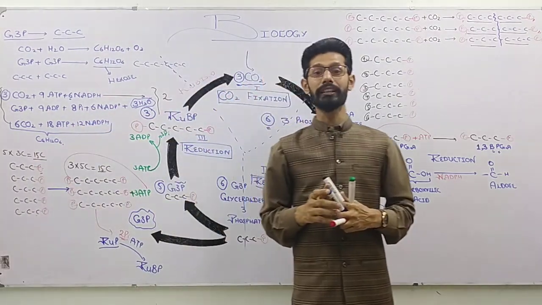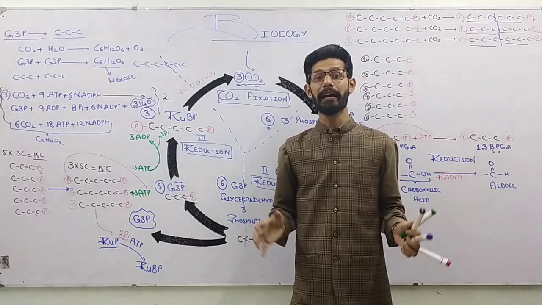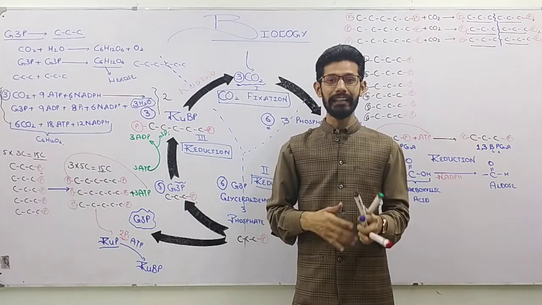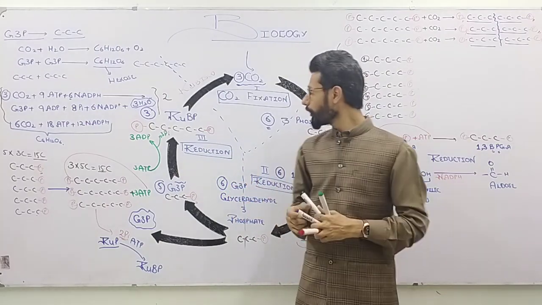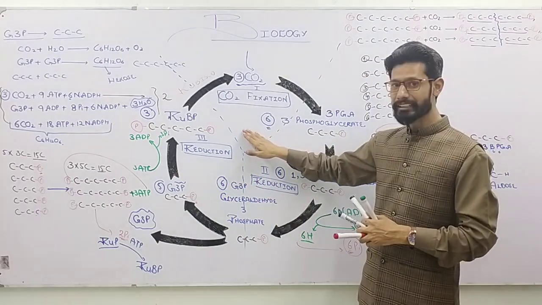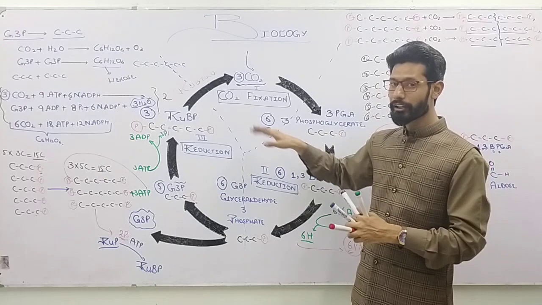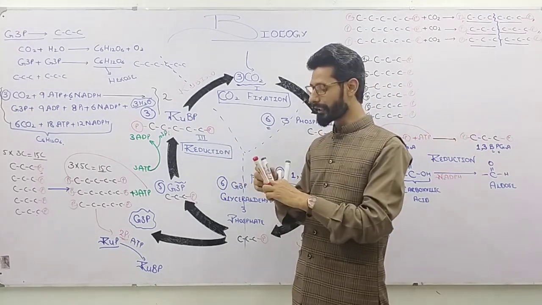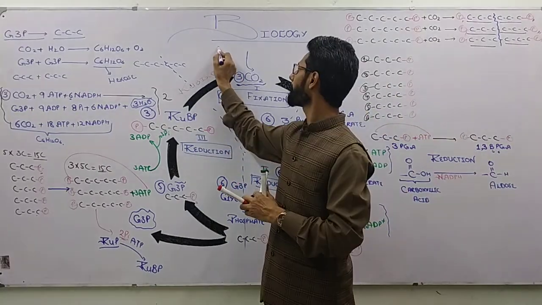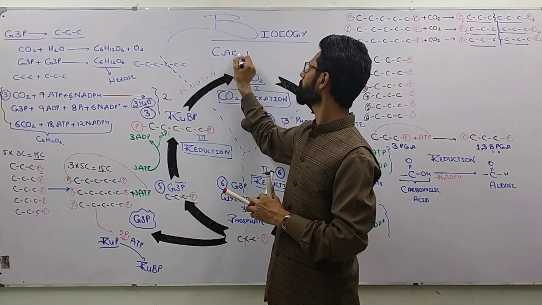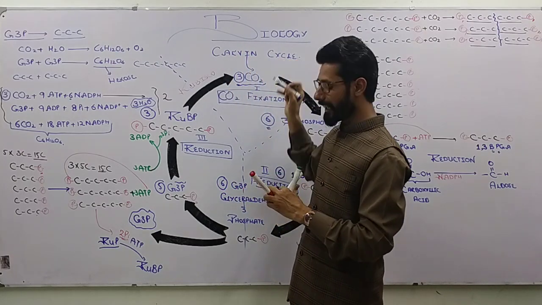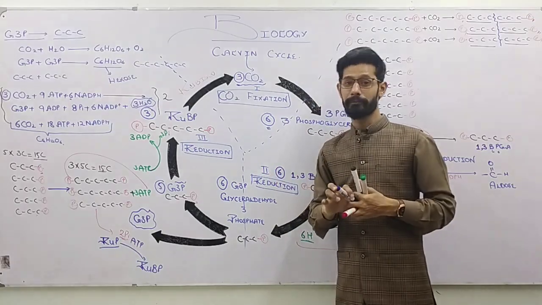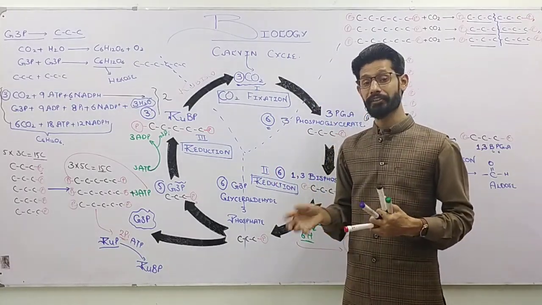This cycle was discovered by a scientist, Melvin Calvin, in the 1950s. After the discovery, the cycle was named after the scientist, the Calvin cycle. Melvin Calvin was awarded the Nobel Prize in 1961.